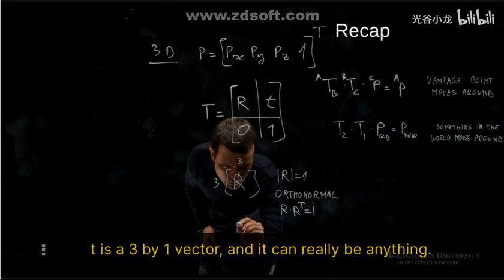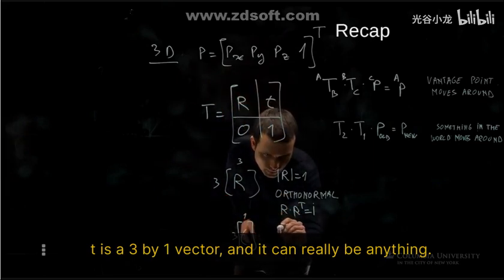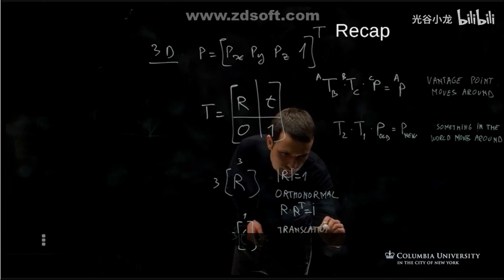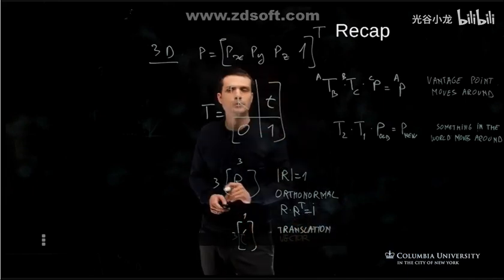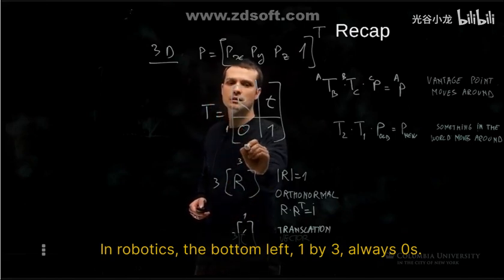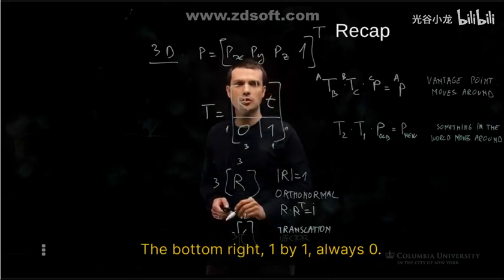T is a 3 by 1 vector. And it can really be anything. In robotics, the bottom left, 1 by 3, always zeros. The bottom right, 1 by 1, always 1.